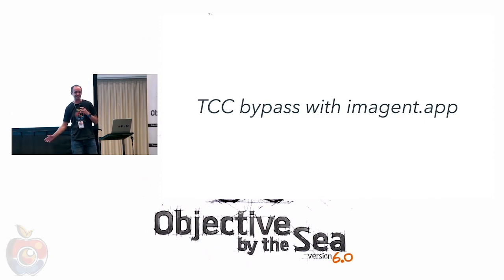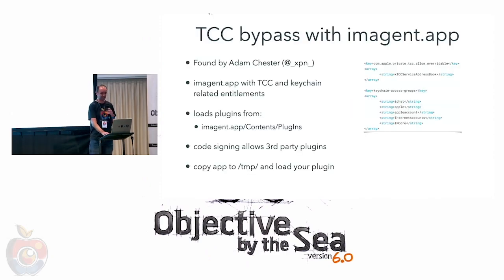So some old stuff. Let's start with the TCC bypass in the Imagent app. This was found by Adam Chester, who goes by XPN on Twitter. He found this app called Imagent, which had some really nice entitlements, like access to the address book in TCC and some keychain accesses. This application looked for plugins in its plugins directory, but there weren't any, and its code signing properties allow it to load third-party libraries.